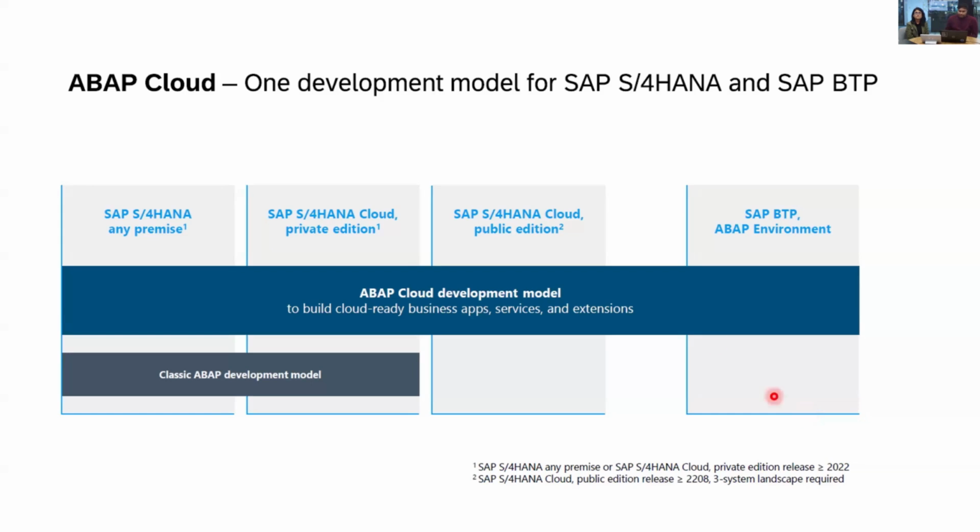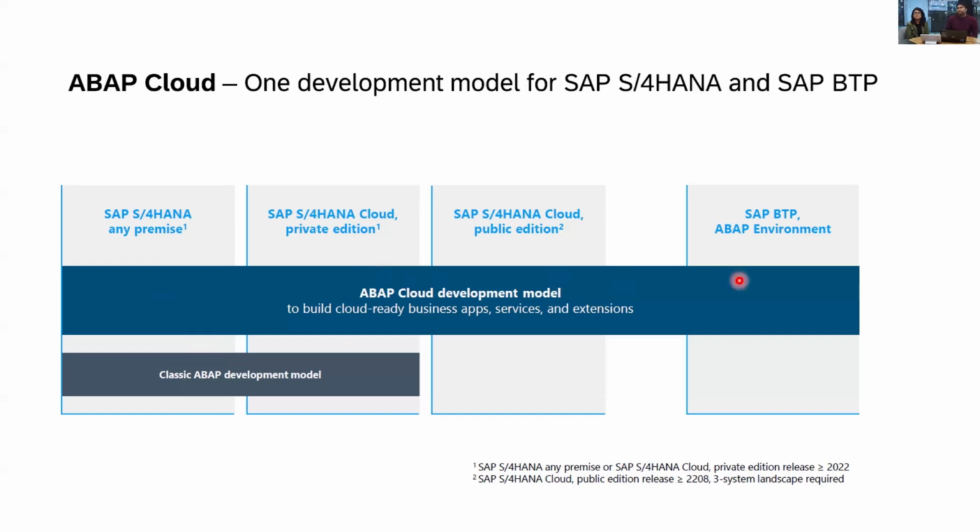You're already aware, or most of you are aware, that RAP, the ABAP RESTful programming model, is the architecture or programming development model which is used across development platforms. In ABAP Cloud, this development model is used for building applications, whether it's S/4HANA on-premise, S/4HANA private cloud, public cloud, or the BTP ABAP environment.